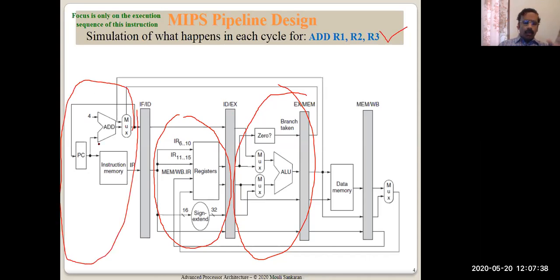So we are going to take a snapshot of what this instruction is doing in each stage. Remember, in a real-life scenario, when our instruction of interest is in this stage, the other stages are occupied by other instructions, and some other action will be happening.